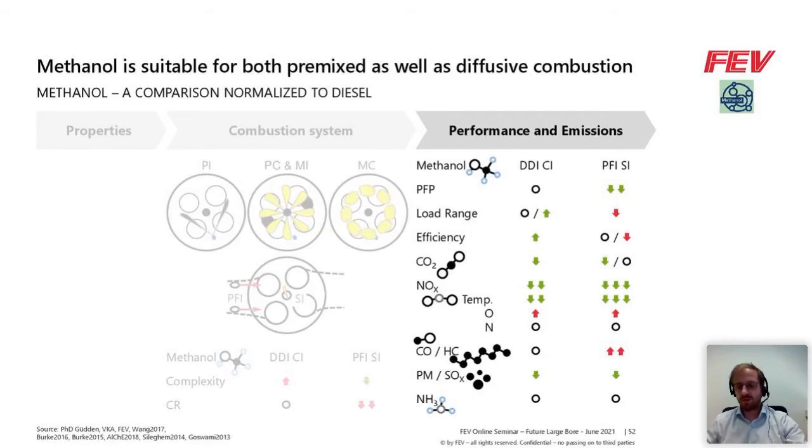Of course, mostly always for the comparison of a diffusive, so in many cases a diesel combustion system, with a premixed combustion system, we will have a lower peak firing pressure due to the lower compression ratio. With the premixed one, we have a limited load range due to engine knock, but we can then in turn realize really low NOx emissions due to the lean operation of the premixed engine.